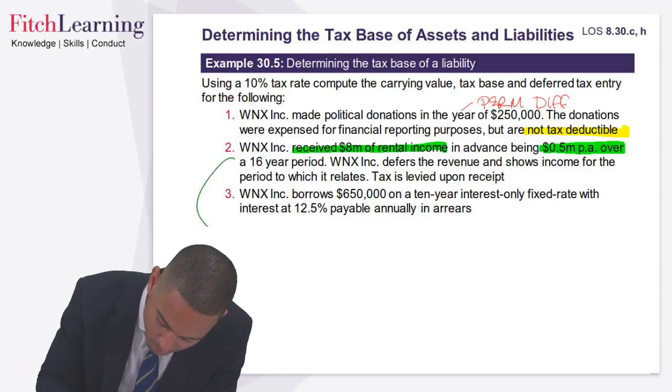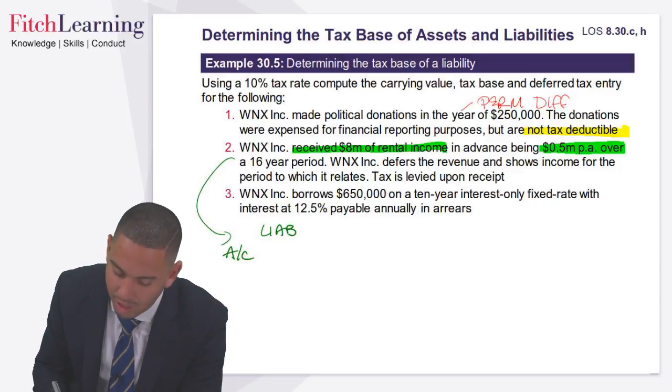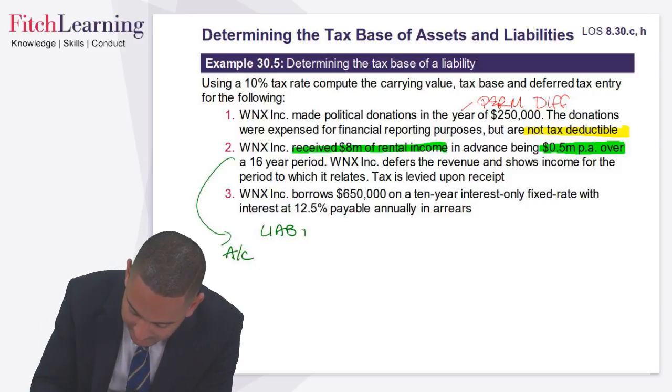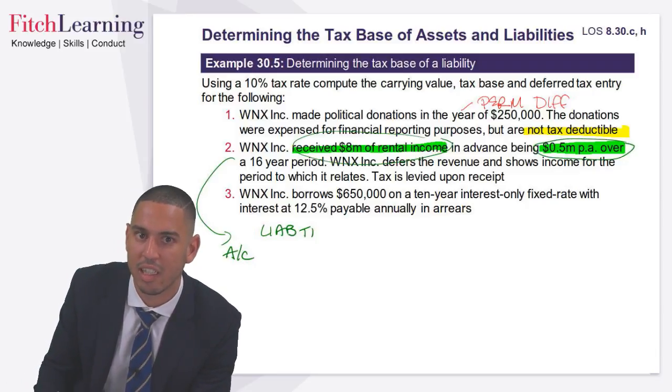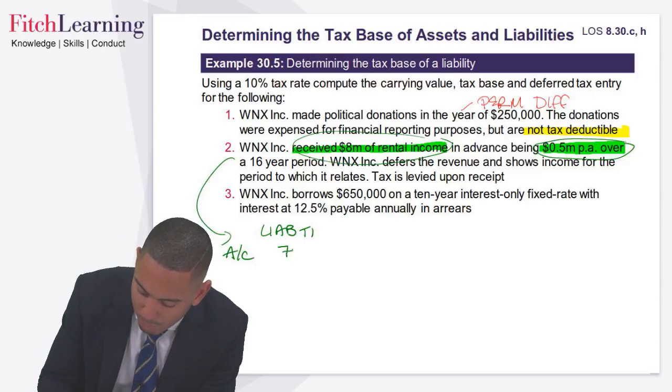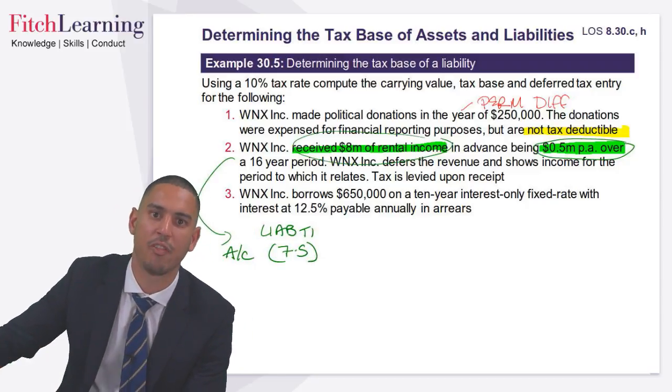So I can do this question from a liability point of view and go per my accounts. I end up with, and let's go liability at T1. I've received 8 million of rental income, of which only 0.5 million relates to this period, and the remaining 7.5 liability I'm going to defer to future periods.